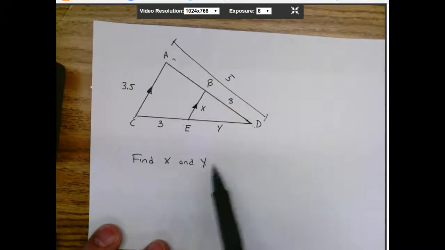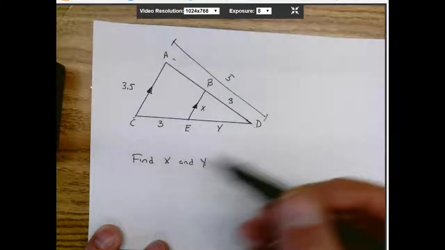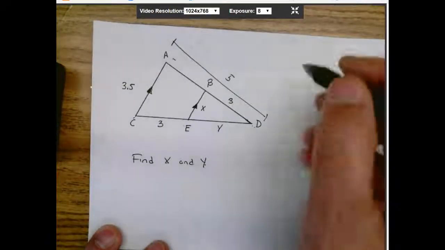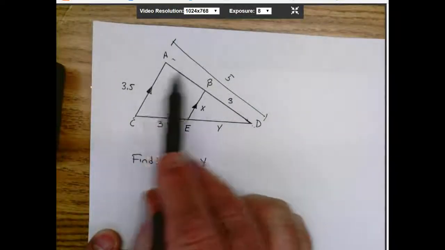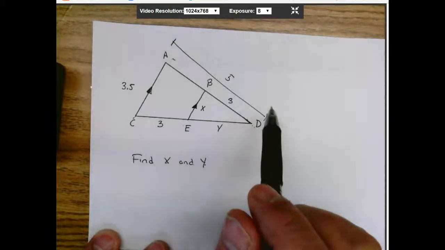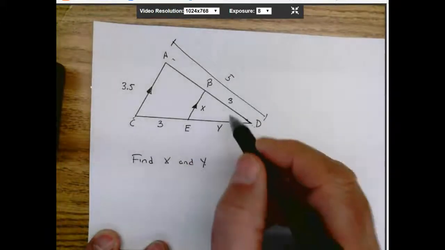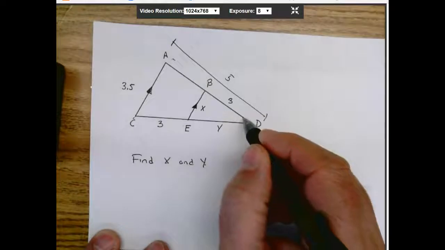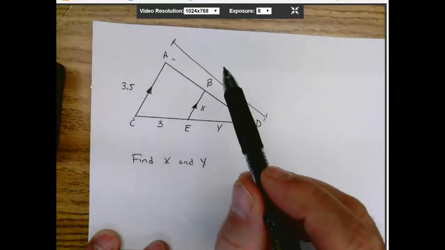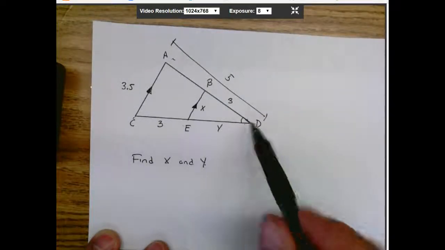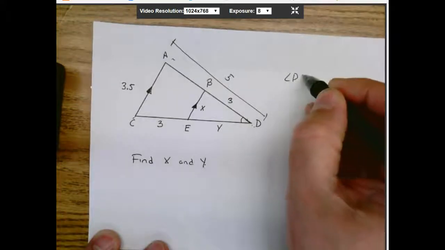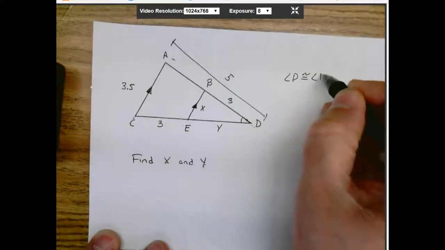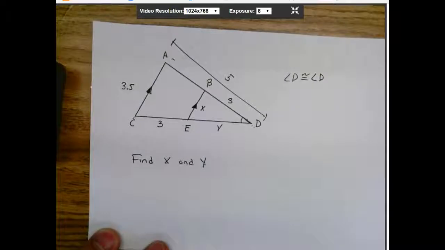And in your problems, you can also kind of prove that they are similar. For instance, the smaller triangle has this angle right here, D, and the other triangle has the same angle, so we know that angle D for one triangle is congruent to angle D of the other. That's just your reflexive idea.